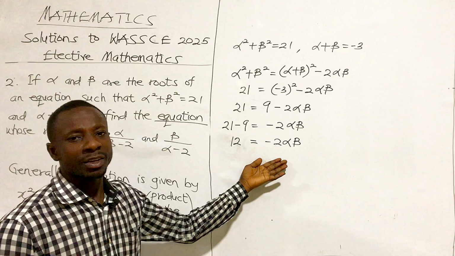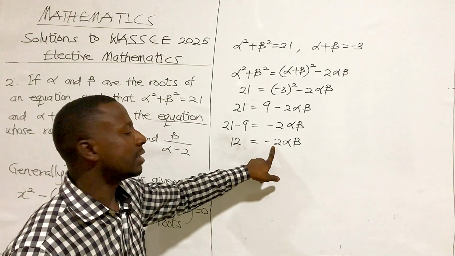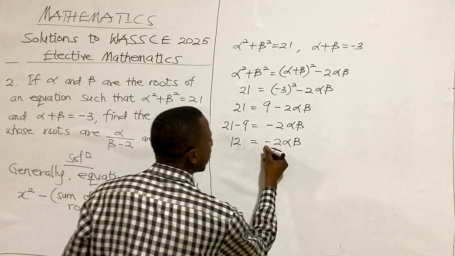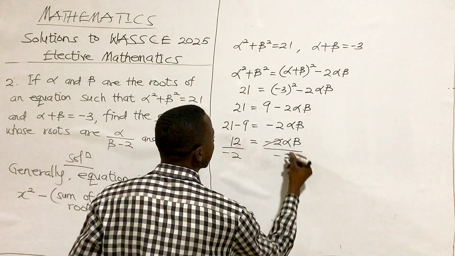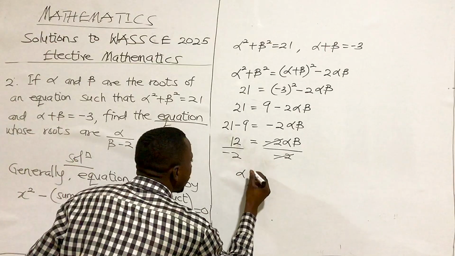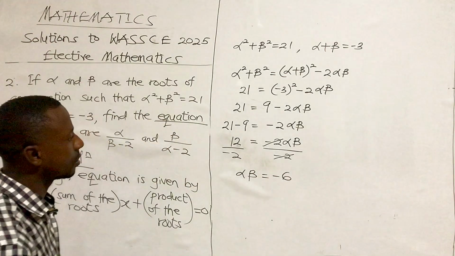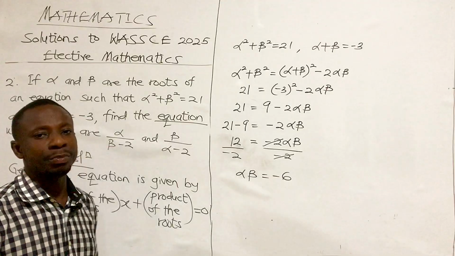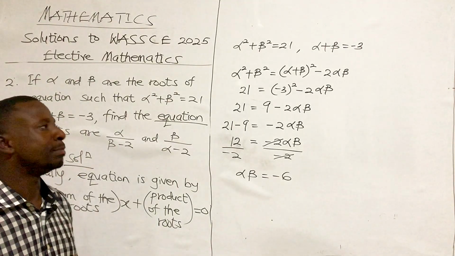Dividing through by negative 2, I have alpha beta equal to negative 6. This is the answer for alpha beta.